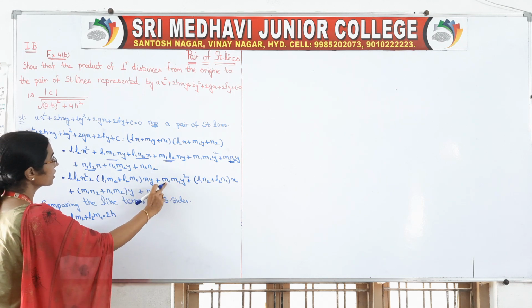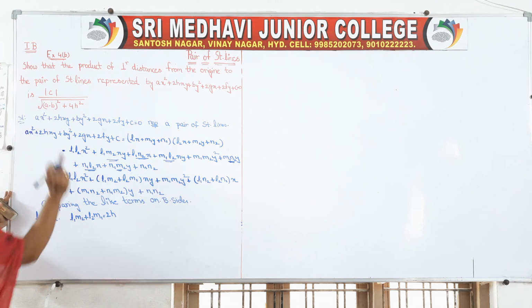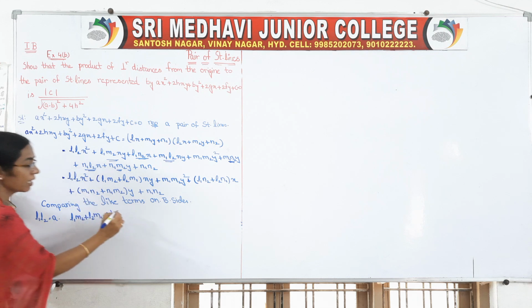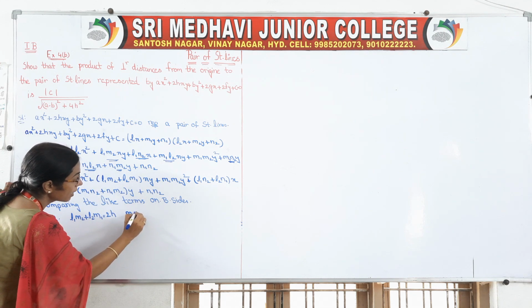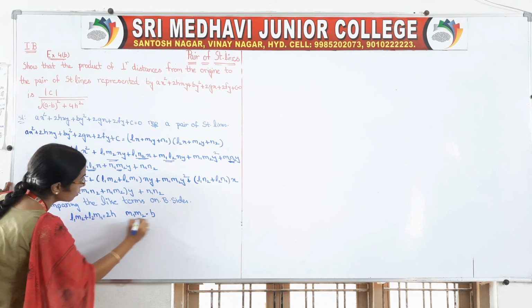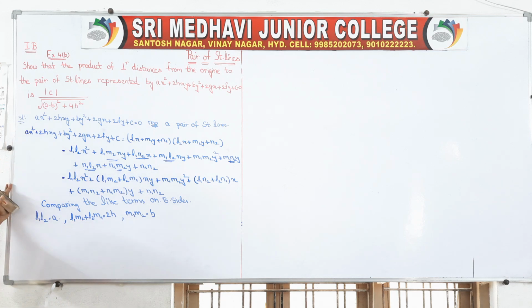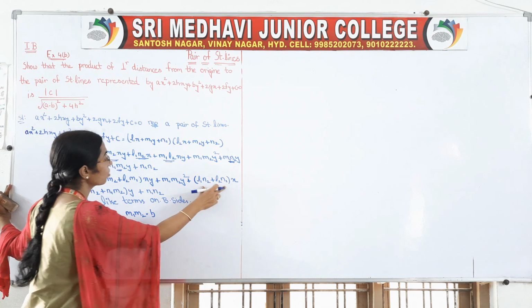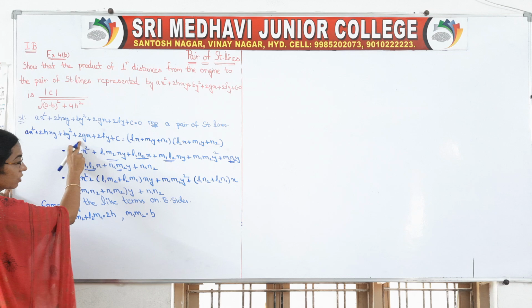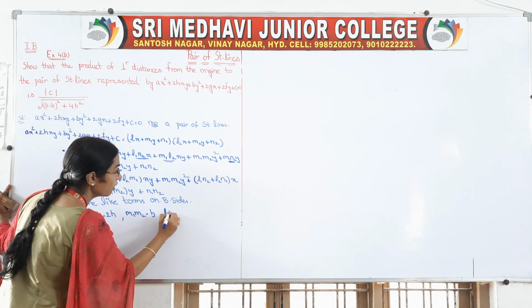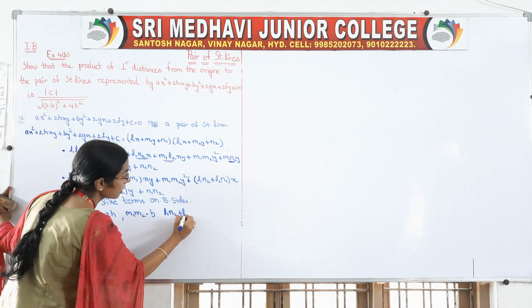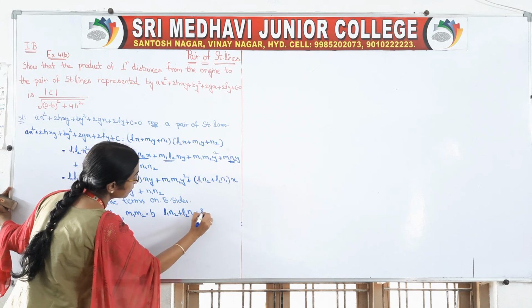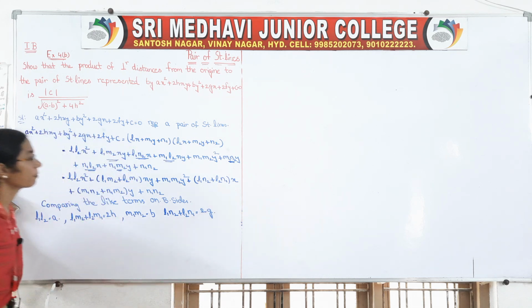Next the y square coefficient is M1 M2, here it is B, so M1 M2 is equal to B. Next the x coefficient is 2g, so L1 N2 plus L2 N1 is equal to 2g.